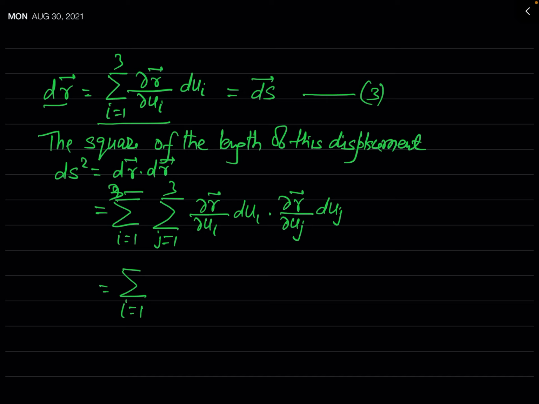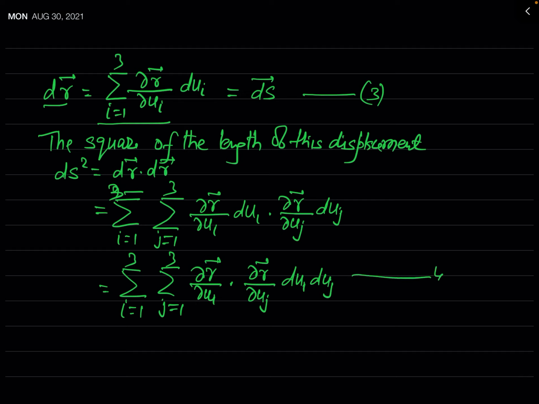Or you can also write this expression in this manner: summation i from 1 to 3, summation j from 1 to 3, del r by del ui dot del r by del uj, dui duj. This is a very easy calculation, you can easily see this.